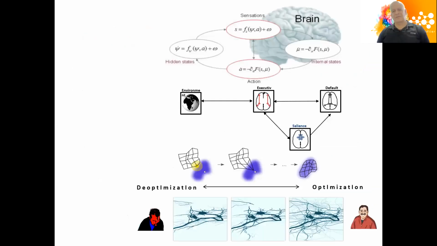Something else that we know about the brain, and this will be the last section, is that the brain is very dynamic, and it adapts to the environment. This is sometimes called the Bayesian brain because of Bayesian statistics. The brain predicts what is going to happen in the environment and adapts to it.